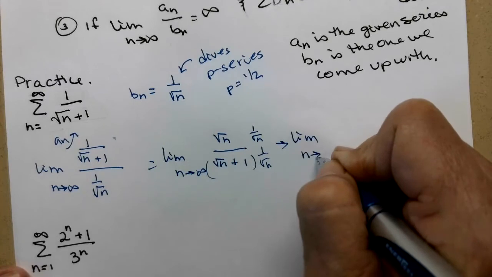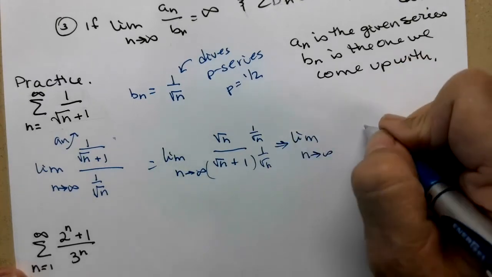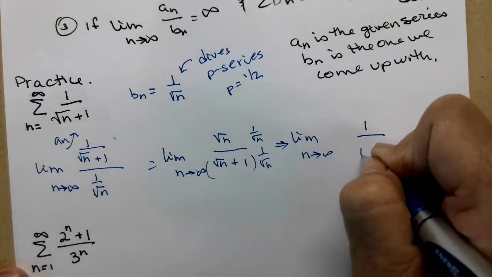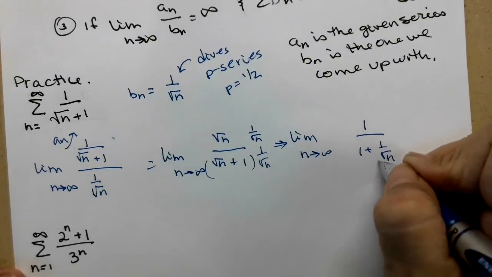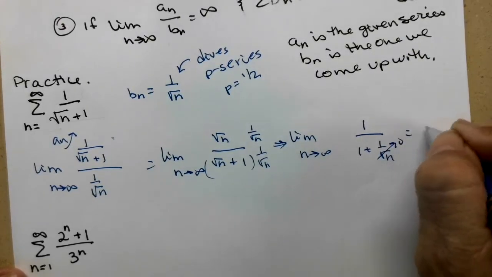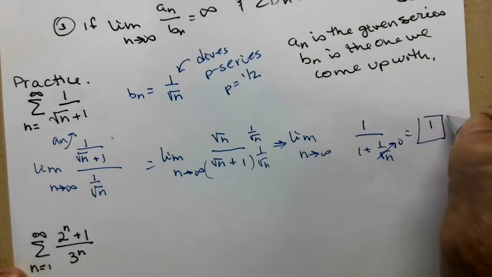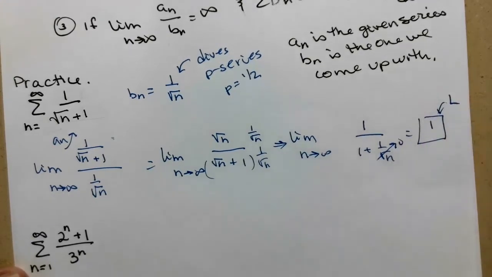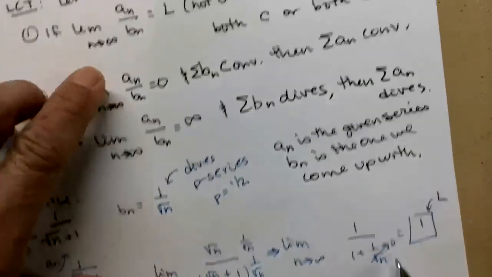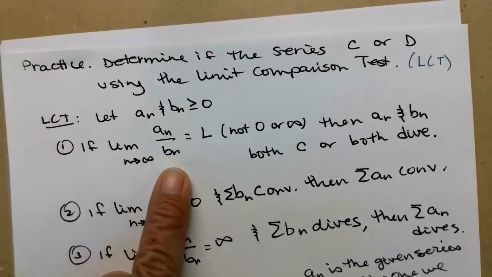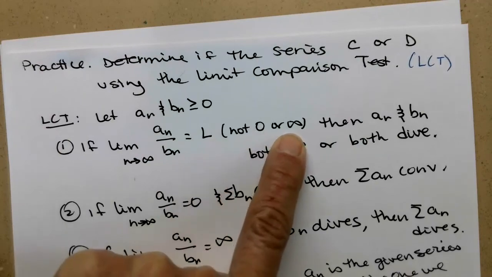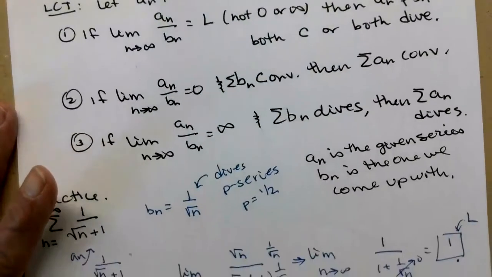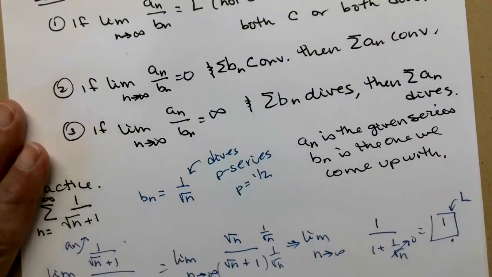You can also just look at leading coefficients. So the limit as n goes to infinity of 1 over 1 plus 1 over square root n. That 1 over square root n goes to 0, so my limit equals 1. This is your L value. We're in the situation where the limit equals a number, it's 1, it's not 0, it's not infinity. So a sub n and b sub n both do the same thing.